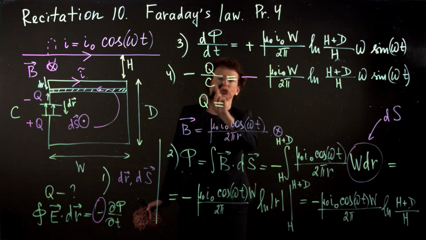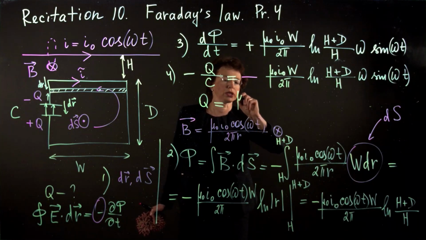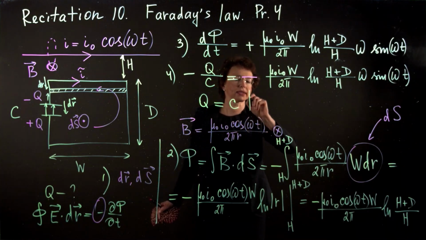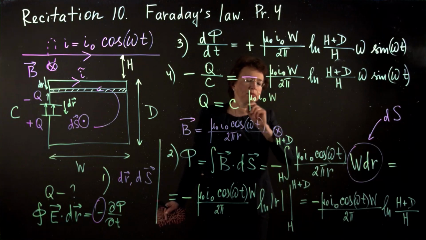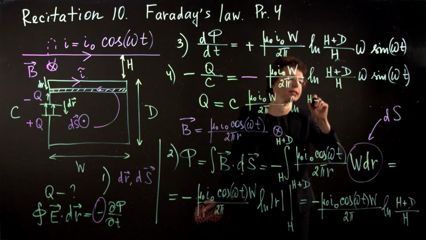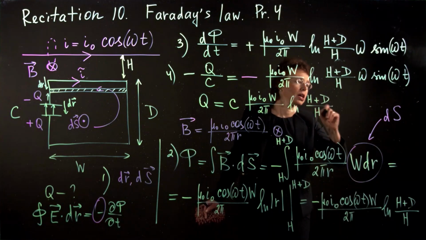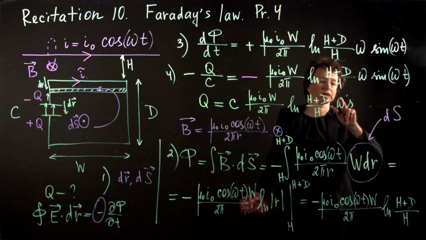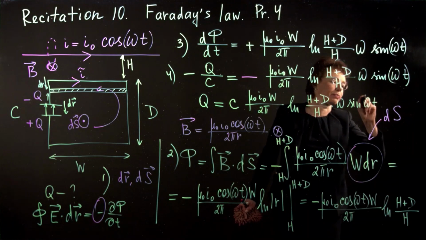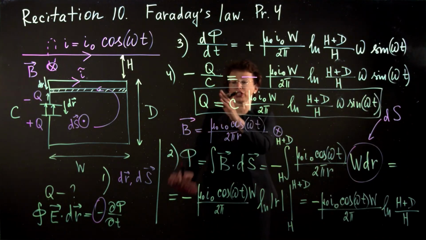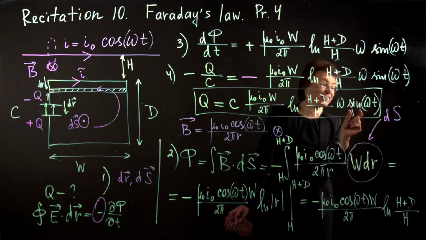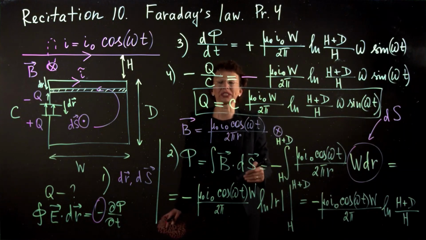Magnitude Q here is C, capacitance, times mu naught I naught w over 2 pi, logarithmic function h plus d over h, omega, and then sine omega t. So look, we found the charge on the plate of this capacitor, and since we have here sine omega t, it will be oscillating with time.